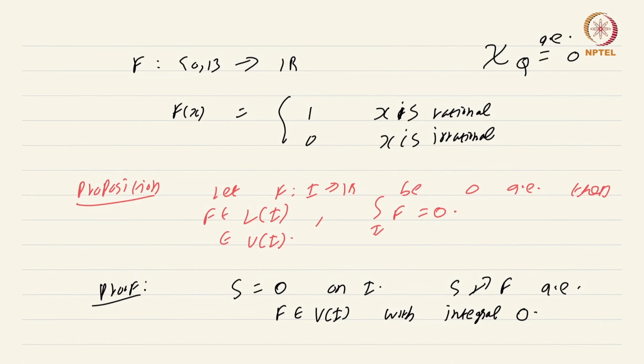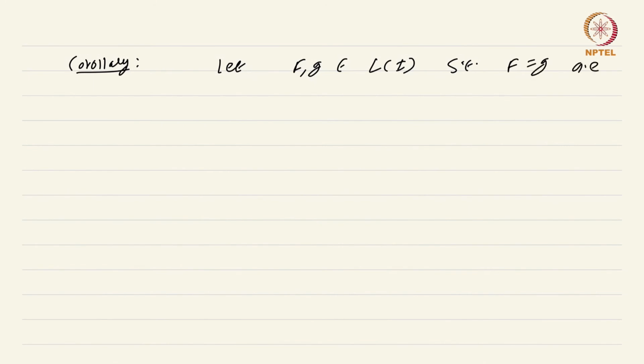Okay, so this was rather trivial, and a nice corollary of this is: let f be Lebesgue integrable and g be just any old function from I to R such that f equals g almost everywhere.